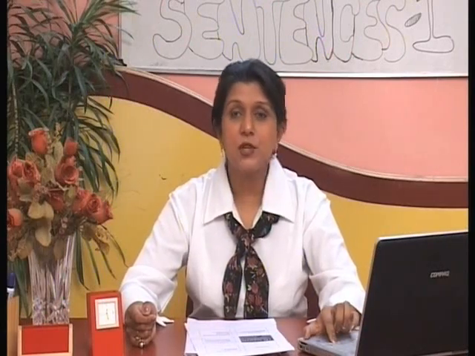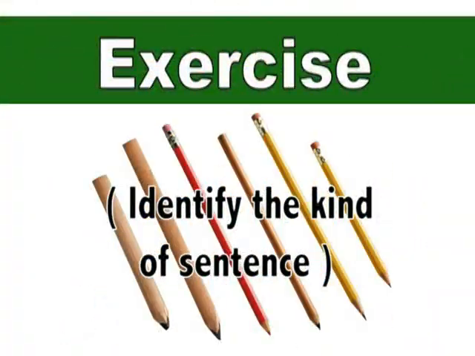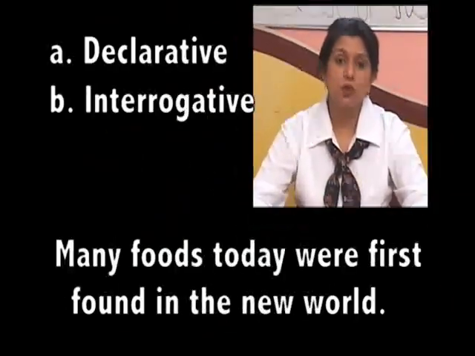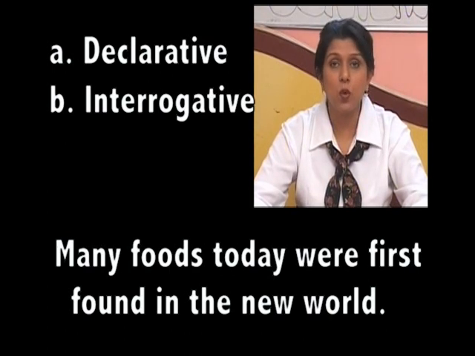Let's now do an exercise. I'm going to speak few sentences and you have to identify the kind of sentence that it is. I'll give you two options and you have to choose the correct one. Sentence 1. Many foods today were first found in the New World.